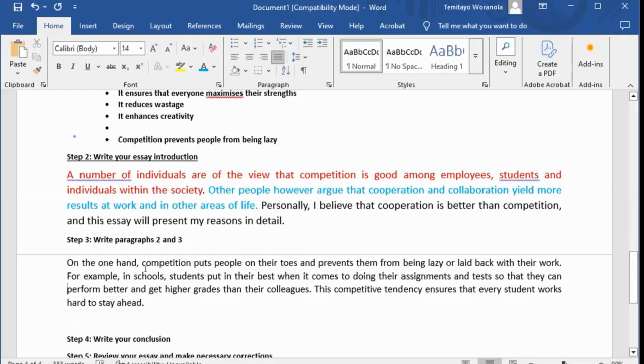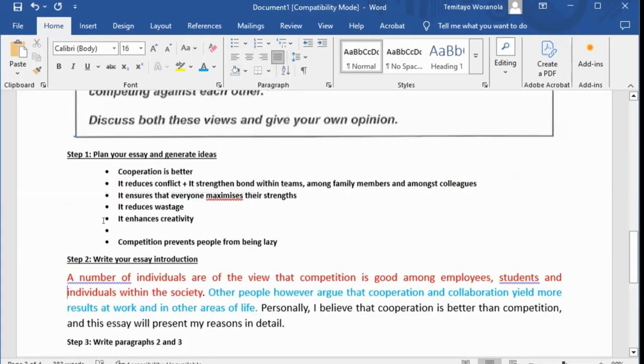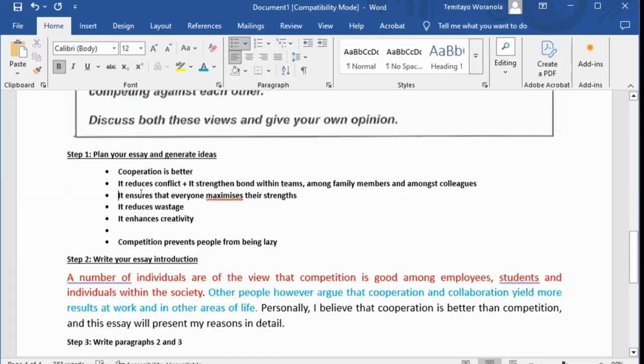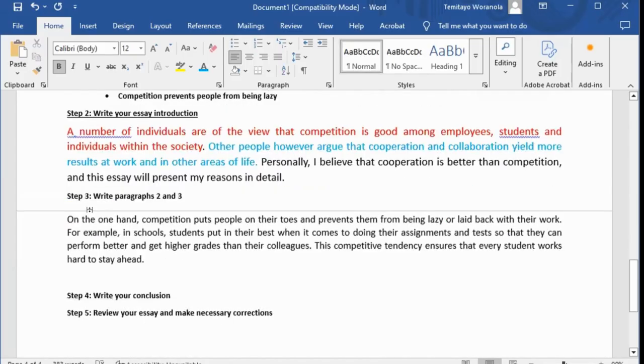Let me read that paragraph again. So you see, as I'm writing, I am reading and I'm making corrections. That's step, where is it now? I'm doing step 5, somehow. As I'm writing, I'm reading, I'm doing correction. Now look at it. Let's read it again. On the one hand, comma, correct punctuation. This is what we call introductory phrase. On the one hand, competition puts people on their toes and prevents them from being lazy or laid back with their work.